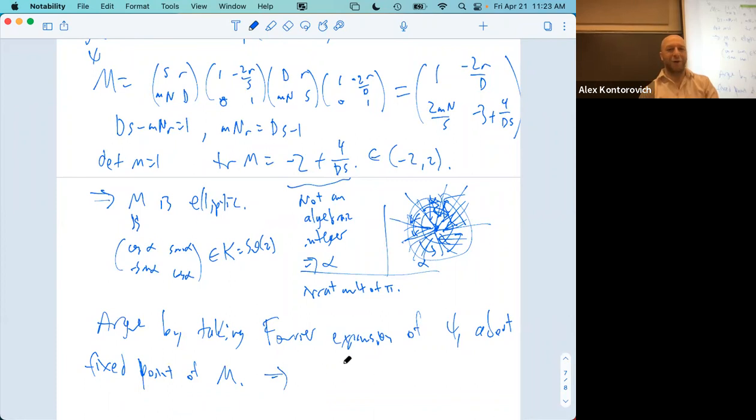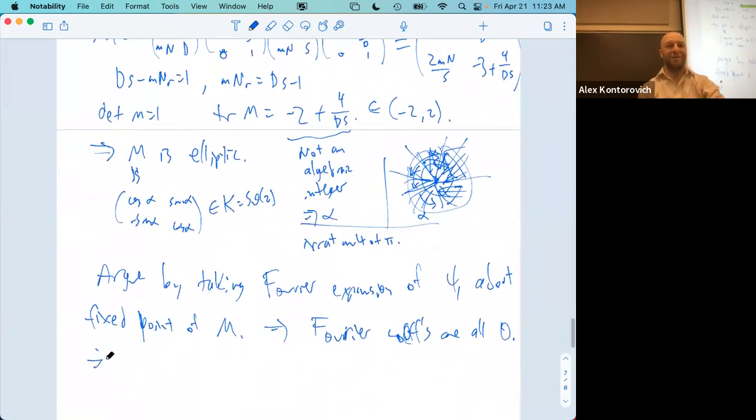You get that the Fourier coefficients are all 0, which means psi 1 is identically 0.